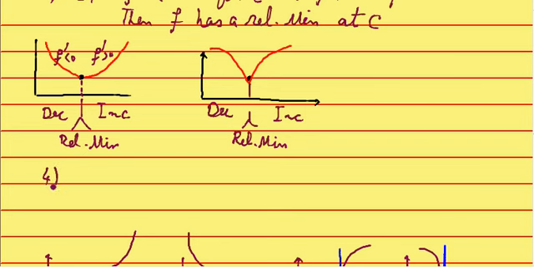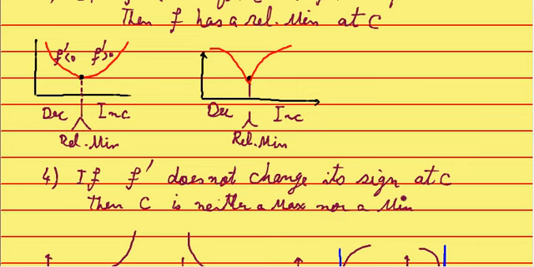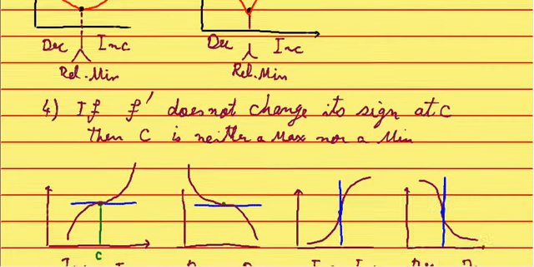If f prime does not change its sign at C, then C is neither a max nor a min, but we can tell that the shape is one of the following.